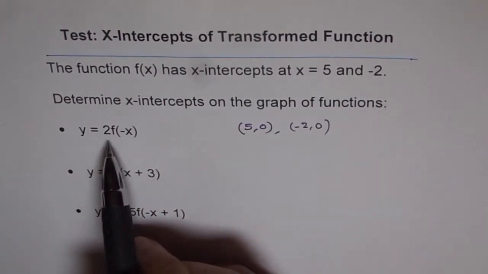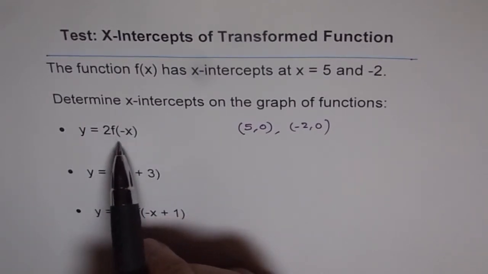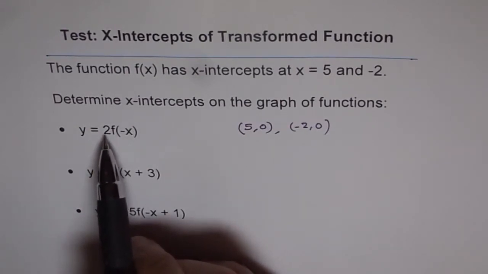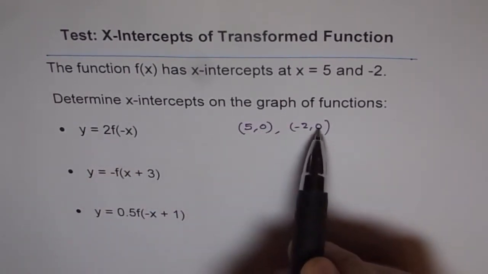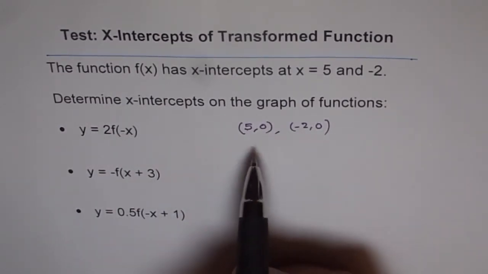The transformation is a stretch by a factor of 2, which is a vertical stretch, and a reflection in the horizontal direction, right? So how will they affect your points? This 2 will multiply these zeros by 2, so they really don't get affected. And this minus will change the sign of x.